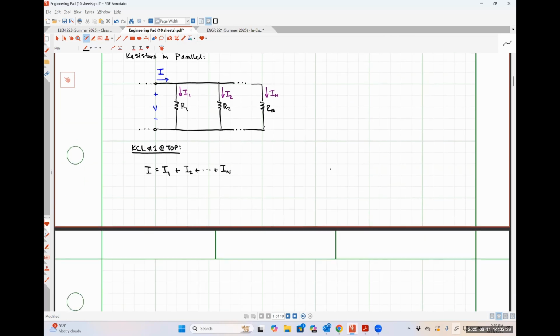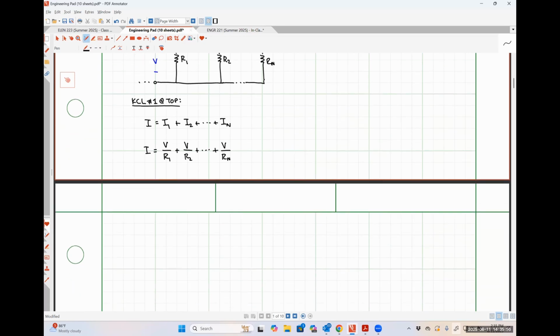Okay, so using Ohm's law, this would give us I is equal to V divided by R1 plus V divided by R2 all the way out to V divided by R sub N. Once again, we have a common factor on the right-hand side of our expression, so I can simply factor that out.